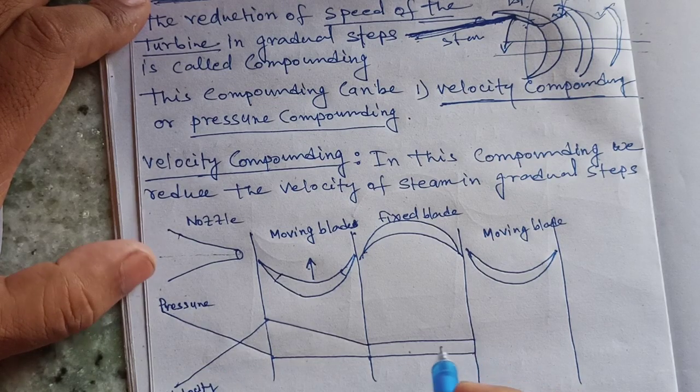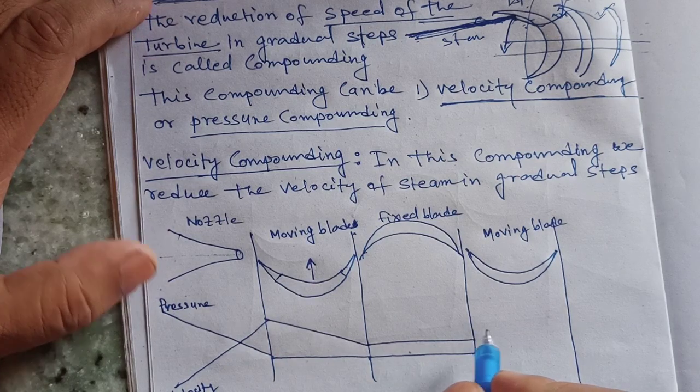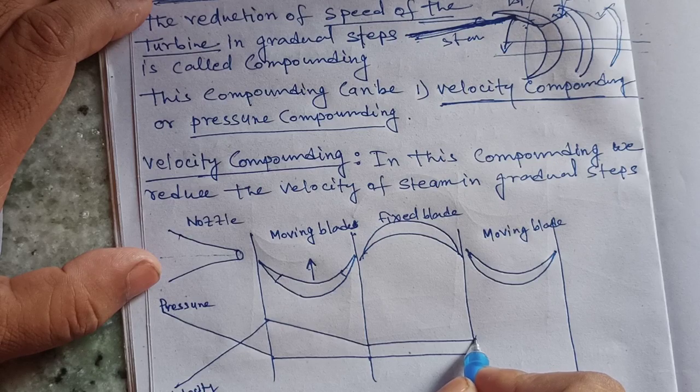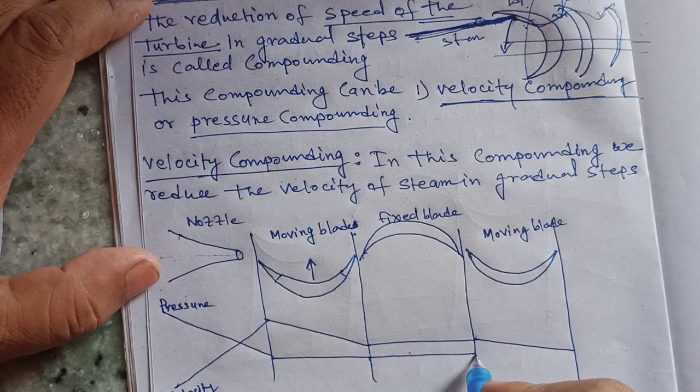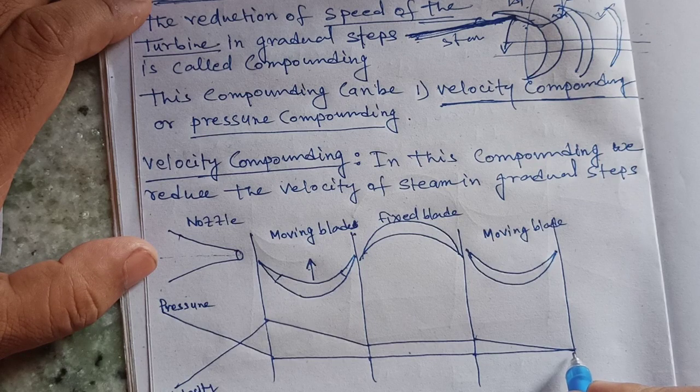After that, the steam further passes through the moving blade. That's why the velocity will further reduce and the pressure will remain constant. This end may touch each other, this line may touch each other or not.